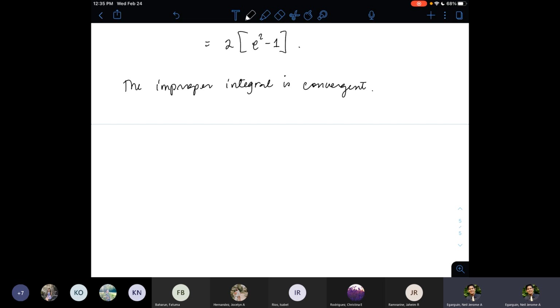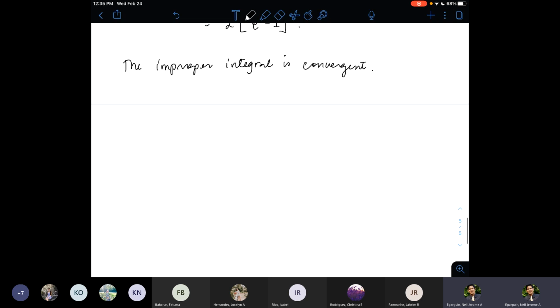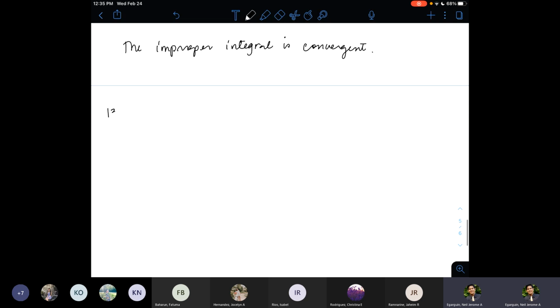Okay, let's try another one. Okay, let's try problem 13. Problem 13, integral from -1 to 2 of 3 over x squared dx, right? And then look at the integrand.